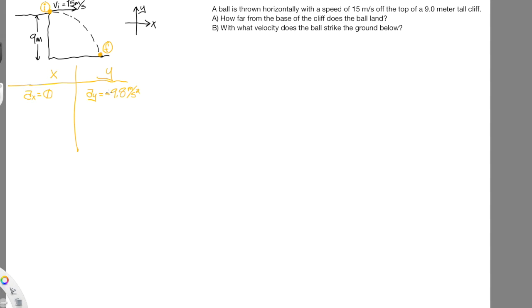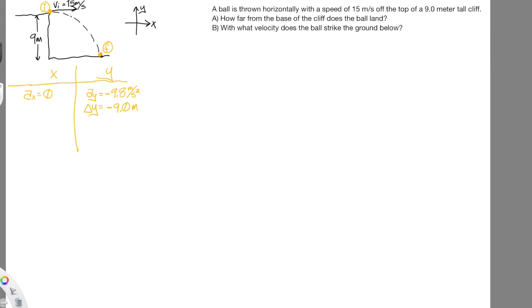So after that, we can see what other information we have. Well, from the initial point to the final point, the ball moves down 9 meters. So that's our displacement in the y direction. The final height and the initial height are 9 meters different from each other, and the final height is lower than the initial height, so based on our coordinate system, that is negative.